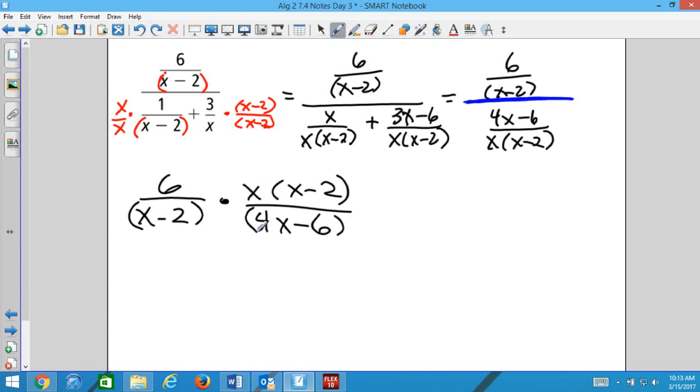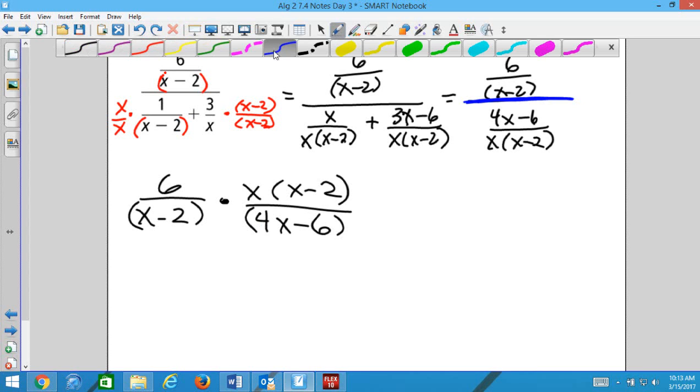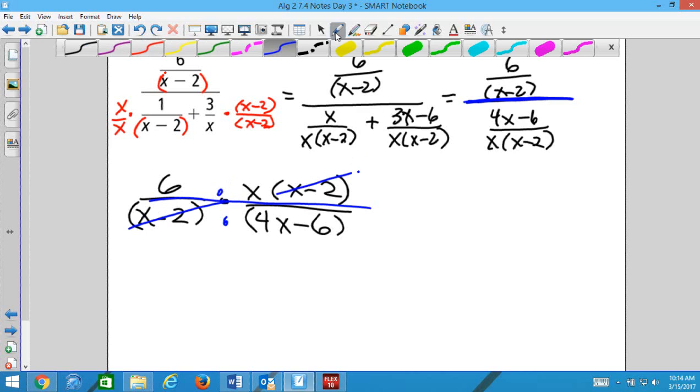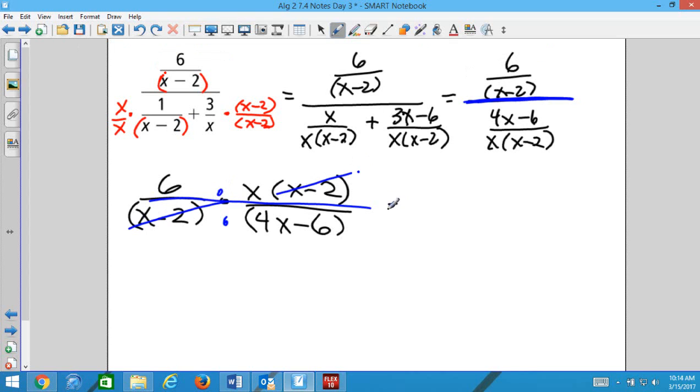We are multiplying. How do we multiply? Straight across. Does anything cancel? Yeah, x minus 2. So it's 6x over 4x minus 6.